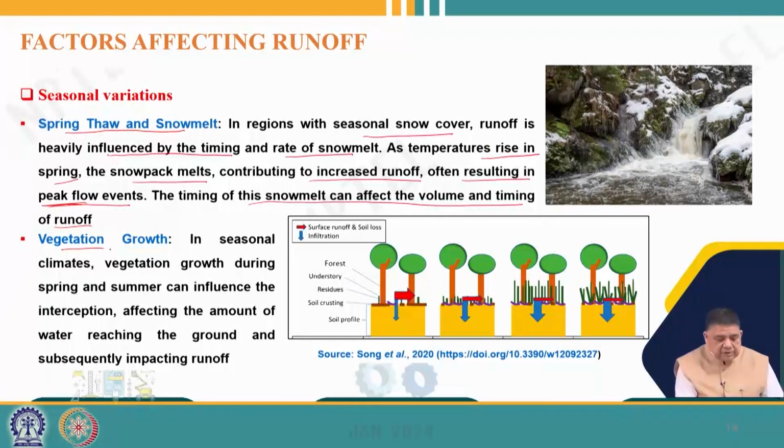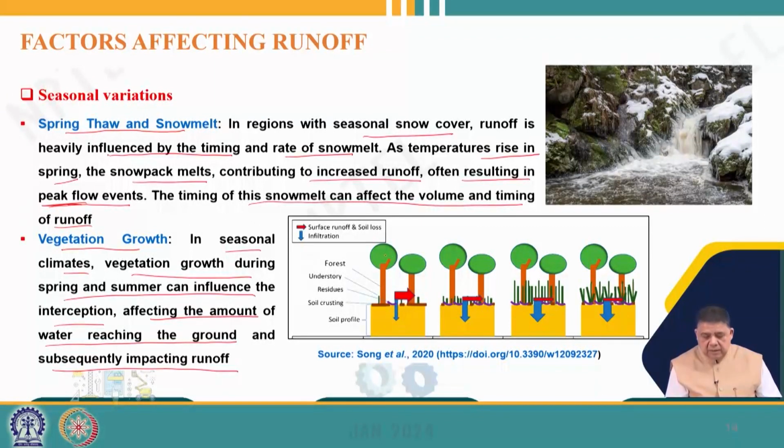Then of course, vegetation growth will also affect runoff. In seasonal climates, vegetation growth during spring and summer can influence the interception, affecting the amount of water reaching the ground and subsequently impacting runoff. So, obviously, there are many factors in a forest area that could affect it, for example, the forest itself, the density, the understory, that means the coverage, the residues that are lying on the surface, which we saw in soils in forest areas.